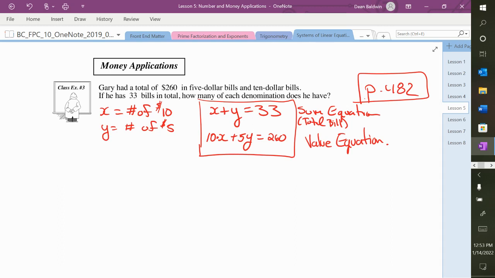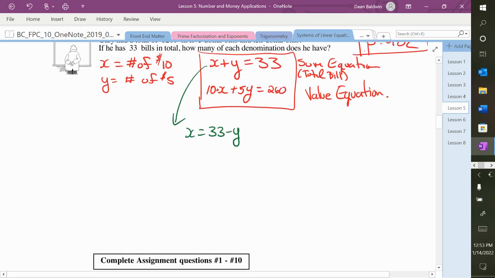Now, you have to solve. I tend to use substitution on these ones. I don't want to multiply through by 10 or 5. You can if you want. But I tend to just use substitution. So I'm going to go x is equal to 33 minus y. And then that gets subbed in here. So I get 10 times (33 minus y) plus 5y equals 260.